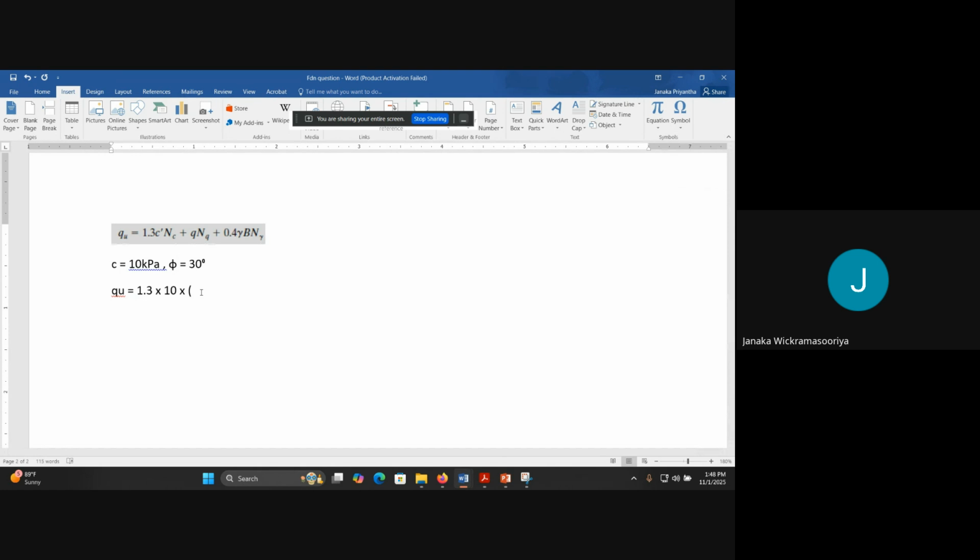And here you will have to insert the NC value plus, and then we need the gamma value. Let's take gamma equals 20 kilonewtons per meter cube.